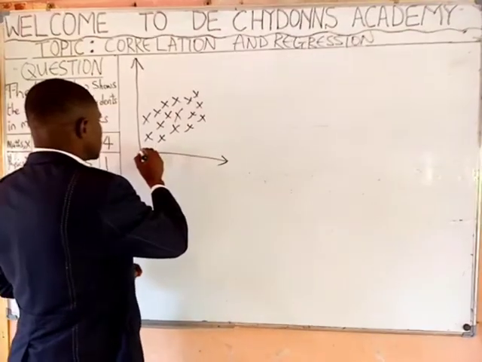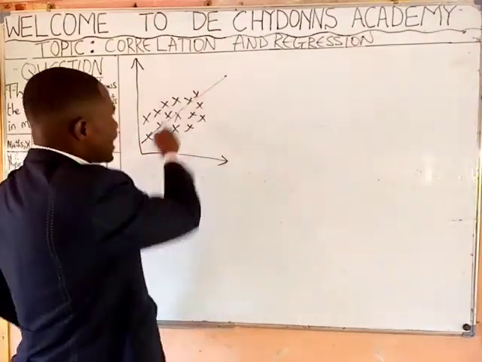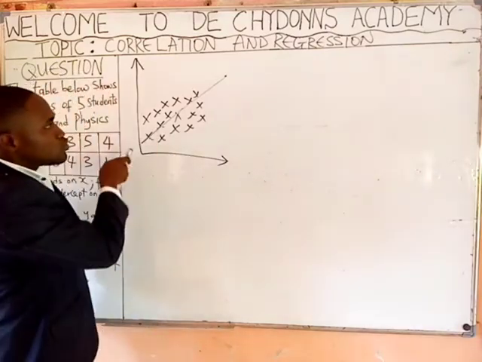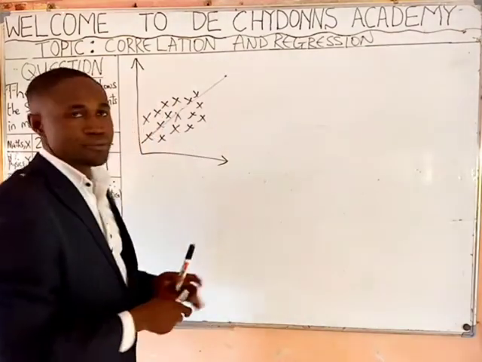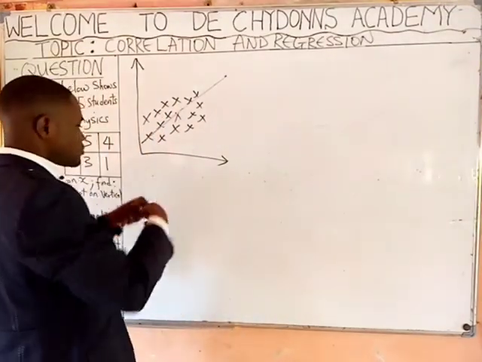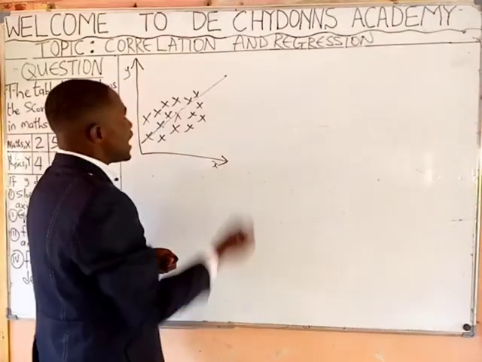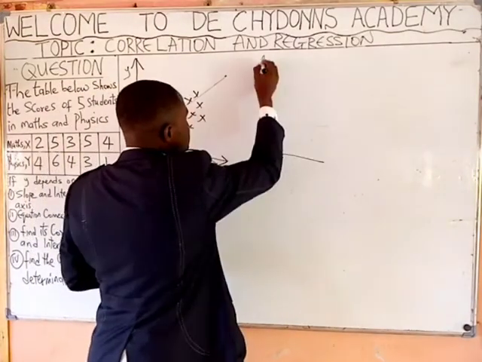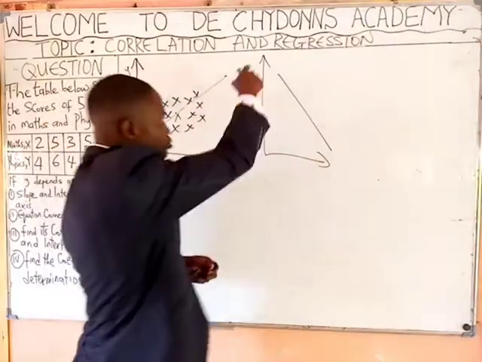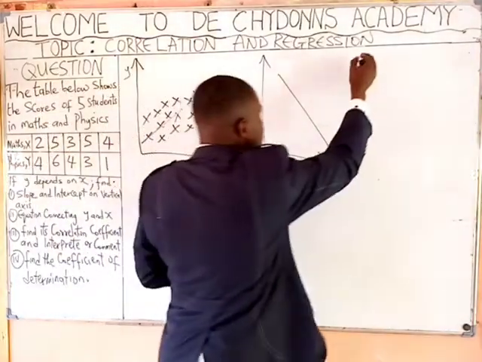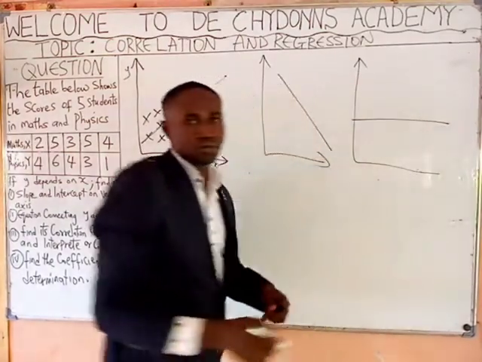This one is a positive correlation because if you look at it, it moves towards a positive slope. Then, remember this graph of Y against X. Now, this one is negative correlation, moving down. Now, this one is zero correlation.